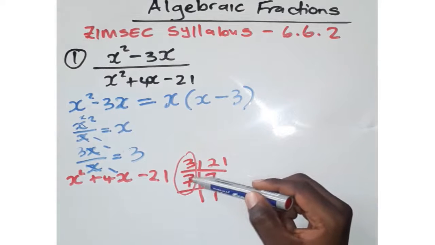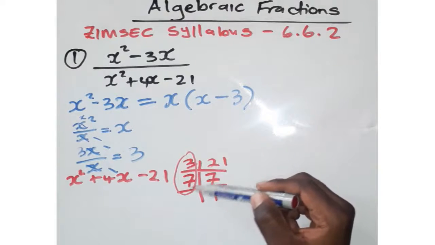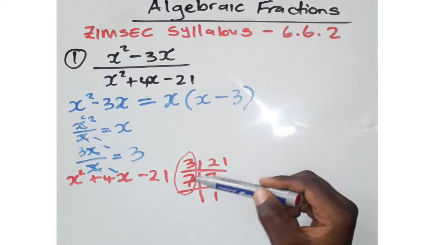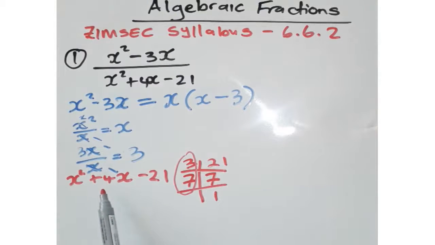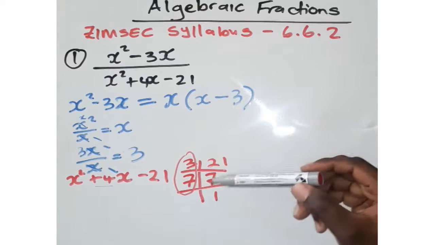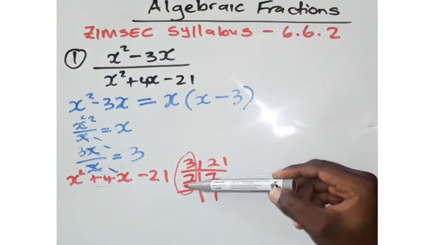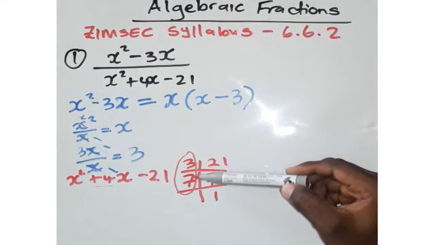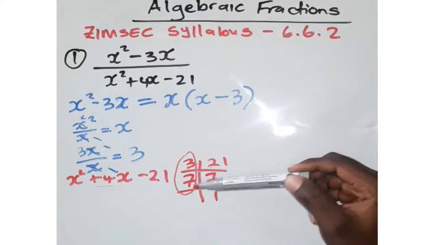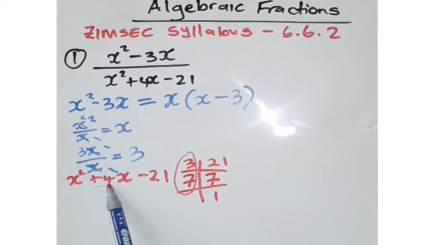We have to manipulate 3 and 7 so that we get the coefficient of x, which is plus 4.